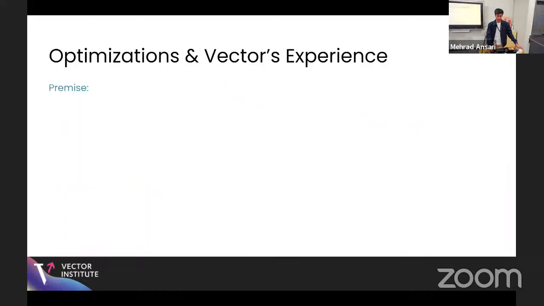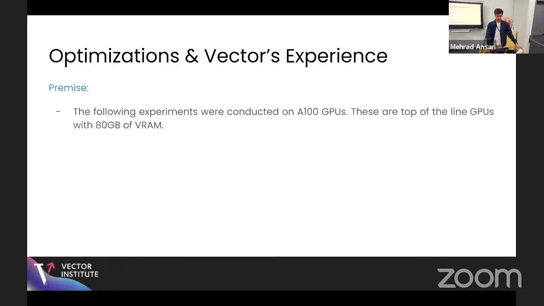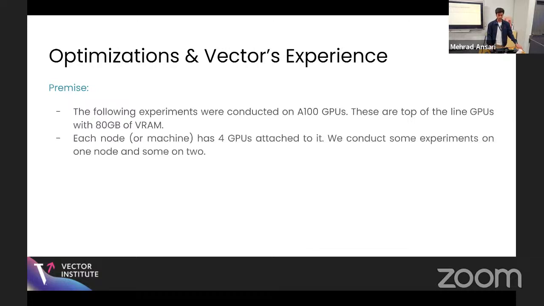Cool. So, yeah, I guess he set it up perfectly for what I was going to get into. I'm going to go over the case study over here. These experiments were conducted on A100 GPUs. These were top of the line GPUs, and each has 80 gigabytes of VRAM. Each node, or in other words machine, has 4 GPUs attached to it.